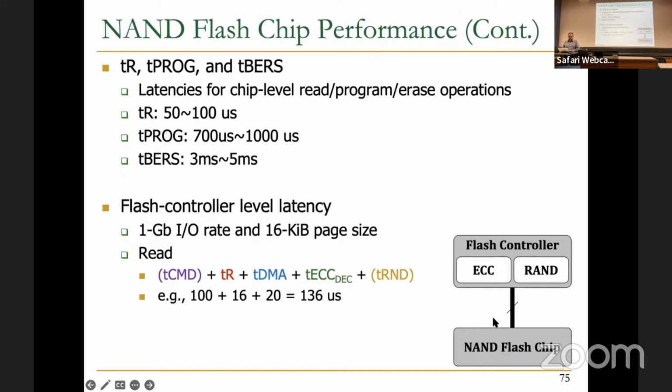These are the values that we assume. For the command, we can assume it is negligible, so we don't count it here. Sensing is around 100 microseconds, TDMA is 16, ECC decoding is around 20 microseconds in this example, and then you can see that your read is around 130 microseconds.